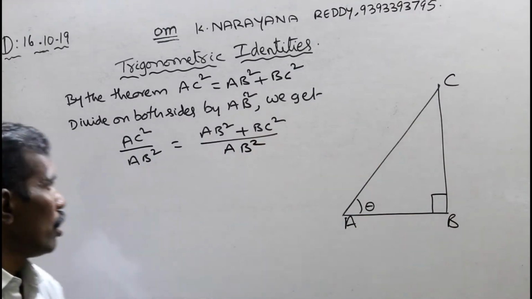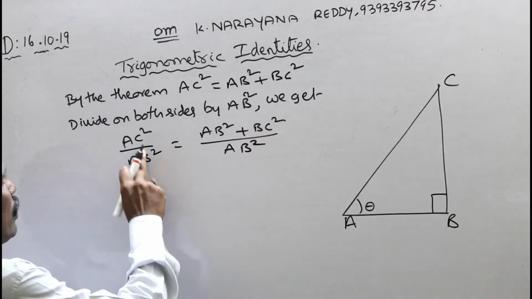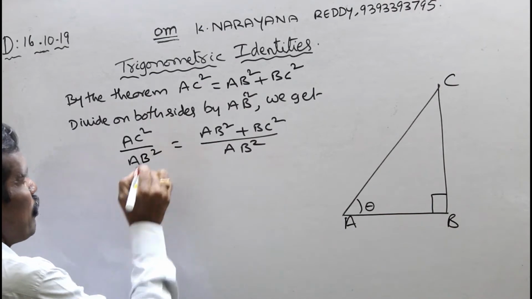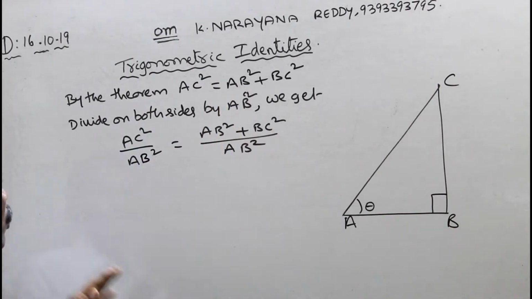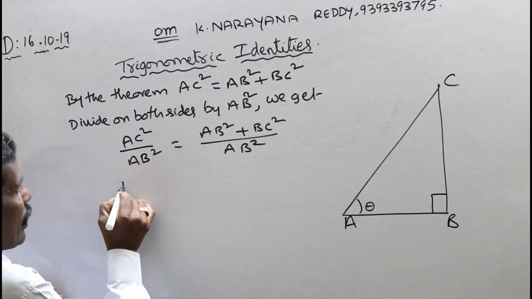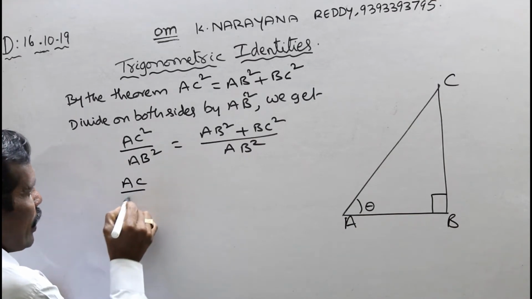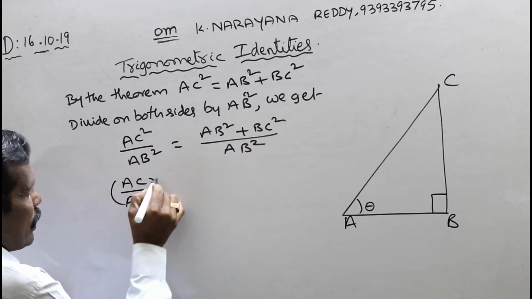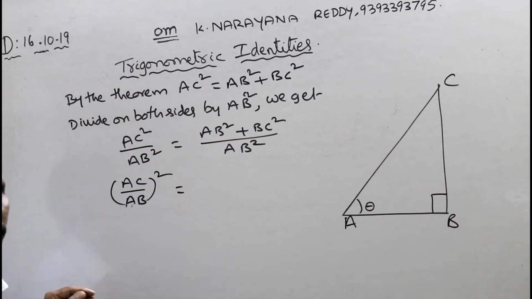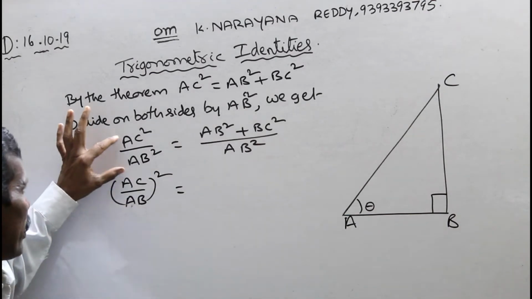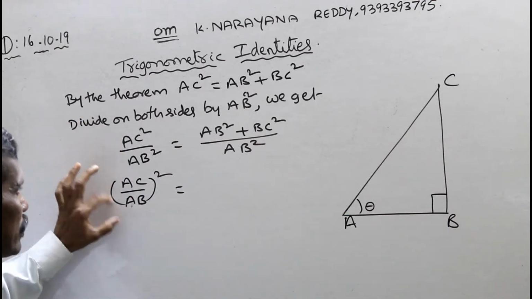Okay? On both sides we are dividing with the AB square. Now AC square by AB square I write in this way. Anything wrong? No. AC by AB whole square.